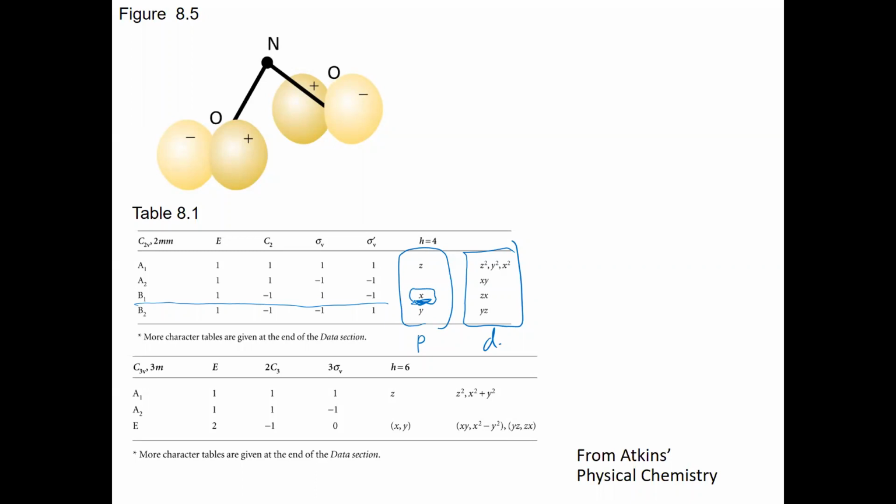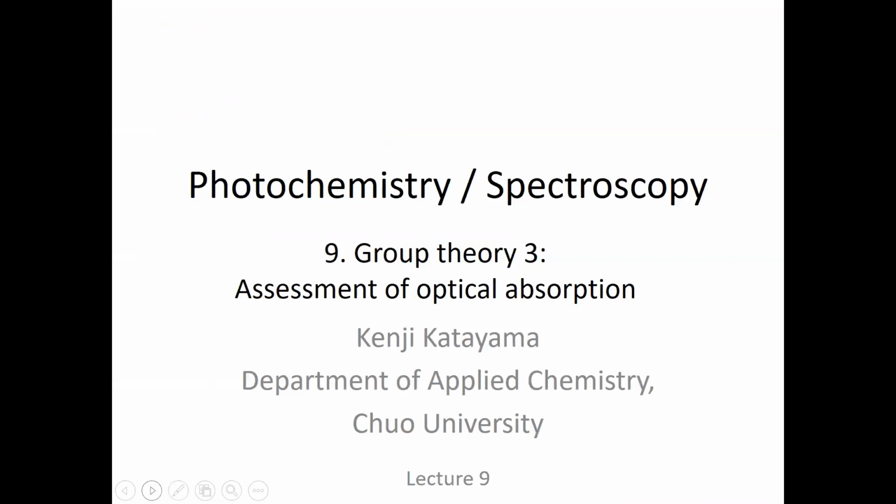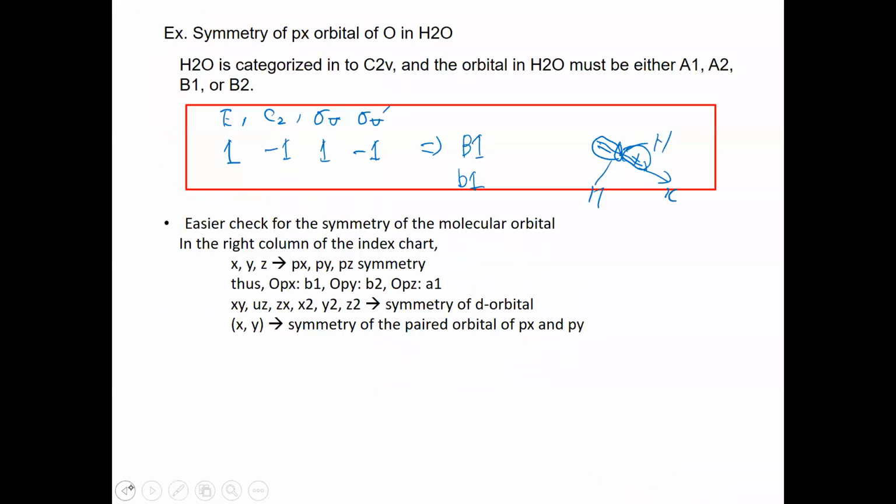Px is categorized into the B1 orbital, so you don't even have to check the symmetry operations for each molecular orbital. So it is very easy to understand which category each orbital is categorized into, and also in the case of d orbitals too, right?